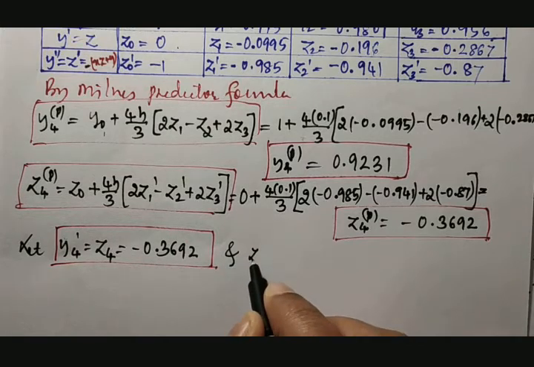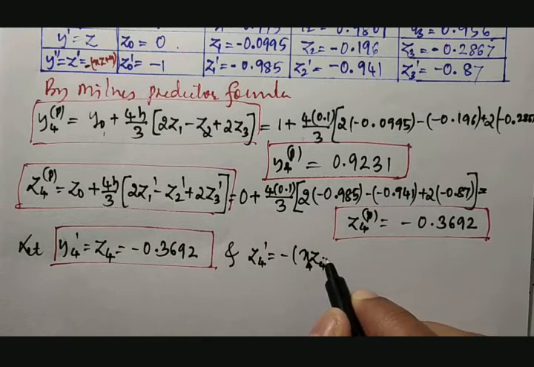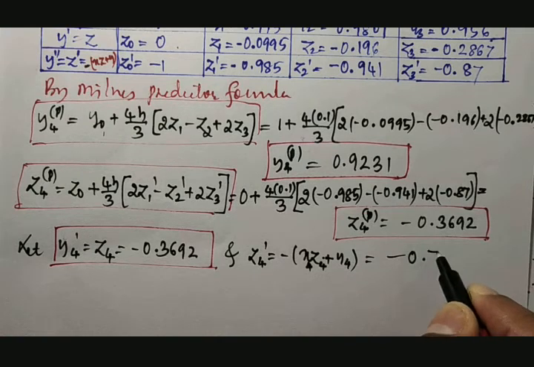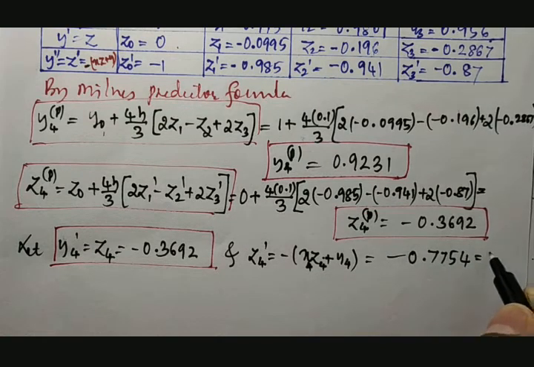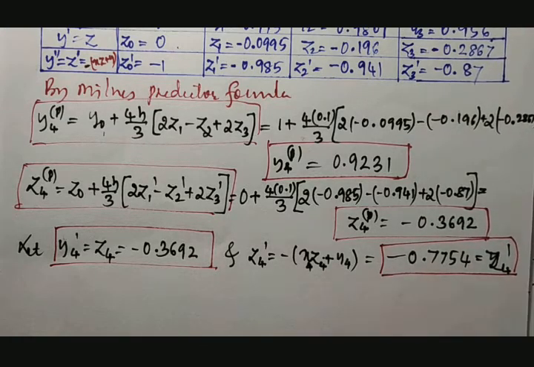And z4 dash is nothing but minus of x4 z4 plus y4. If you substitute all these values, then we will be getting z4 dash, that is nothing but minus 0.7754, which is z4 dash.